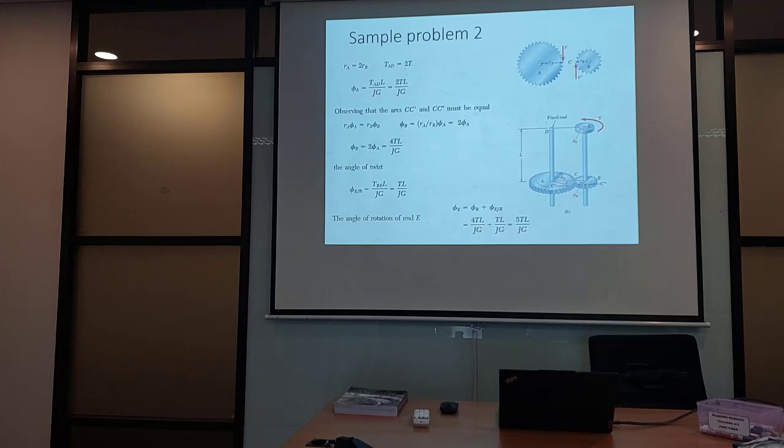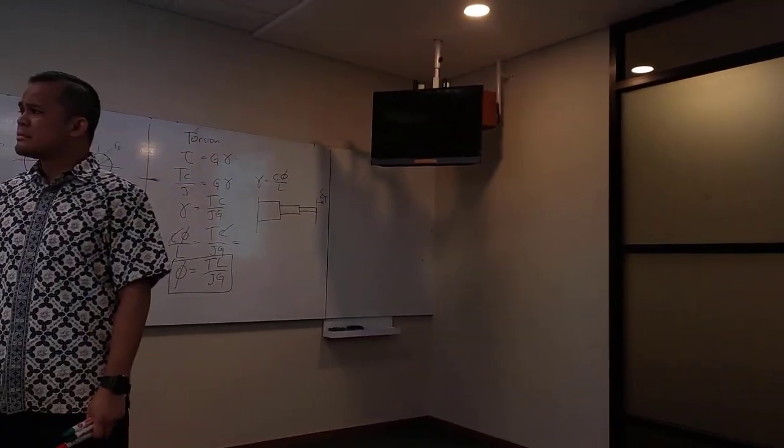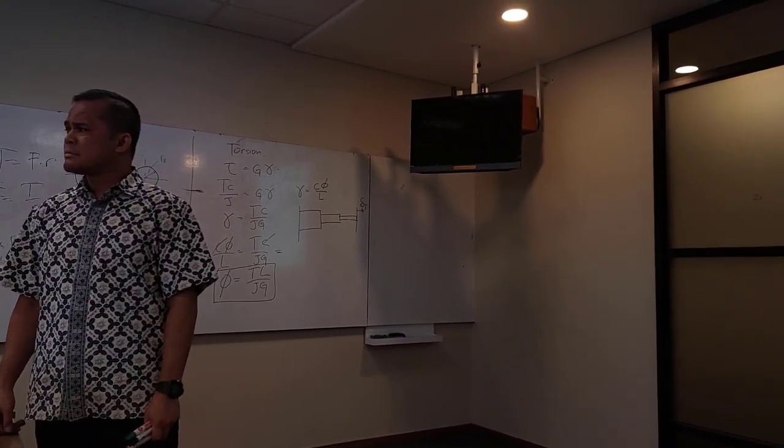Yes. So why would phi, the twisting angle, the displacement of the shaft, why would shaft AB have less displacement than shaft BC, even though it is subjected to more load?